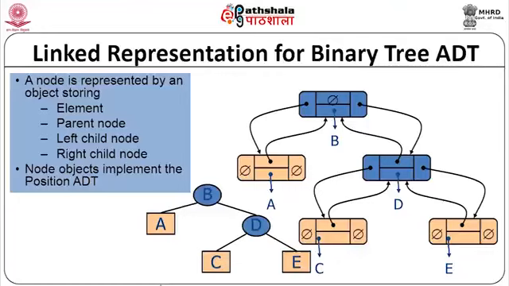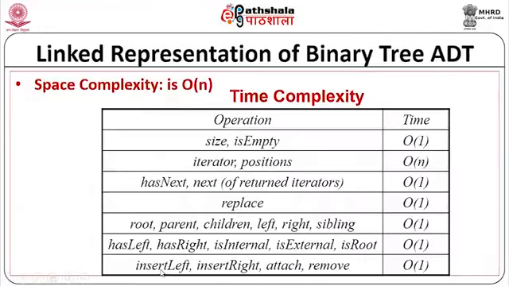D is pointing to B as its parent, it has left child C and right child E. C is pointing to D as its parent, E is also pointing to D as its parent, and both of them do not have any children, left or right. So, this is one of the linked representations of a binary tree. Here the space complexity is of the order of n. Some of the operations like iteration and positions are of order n, and most of the other operations take 0 1.